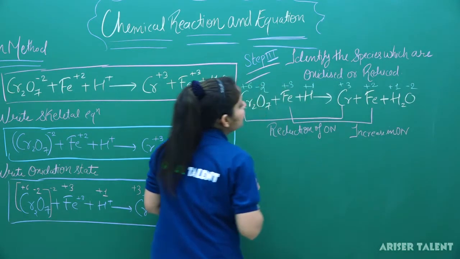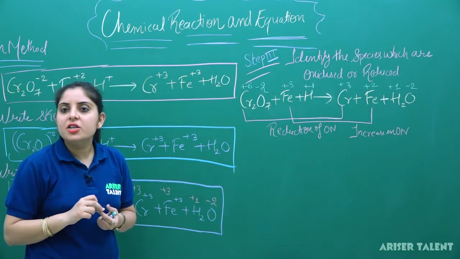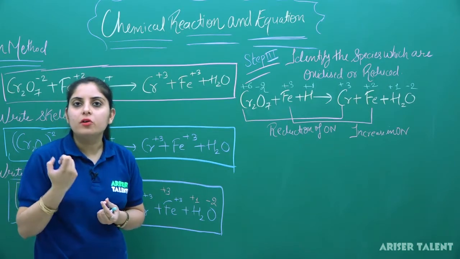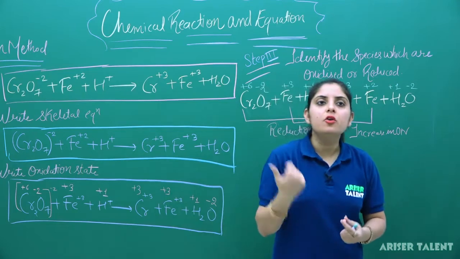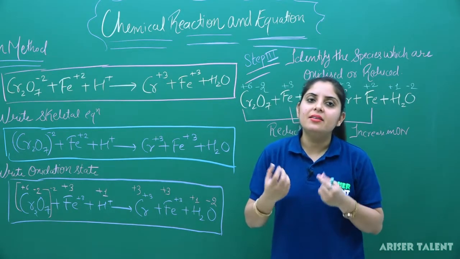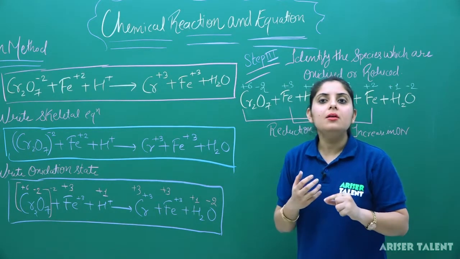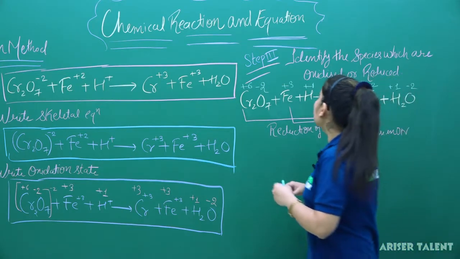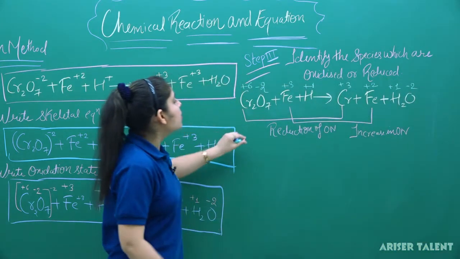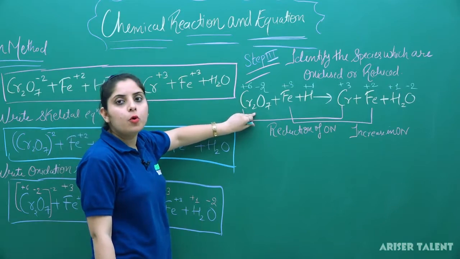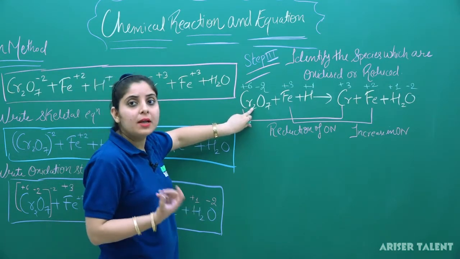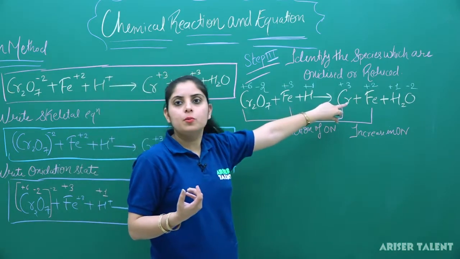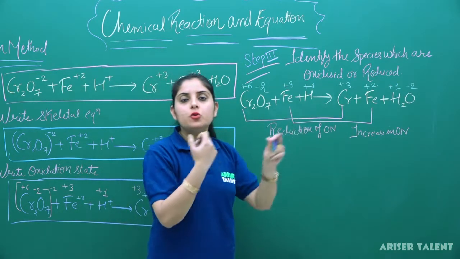If there is an increment in the oxidation number, the reaction is known as the oxidation half reaction, and the reaction which has a reduction in oxidation number must be a reduction half reaction. How is the oxidation number reduced? There are two chromium atoms, so the oxidation state is plus 6 times 2, that is 12, and it is reduced to plus 3.